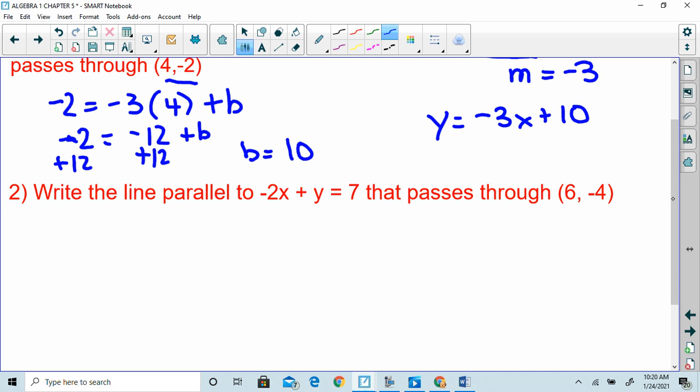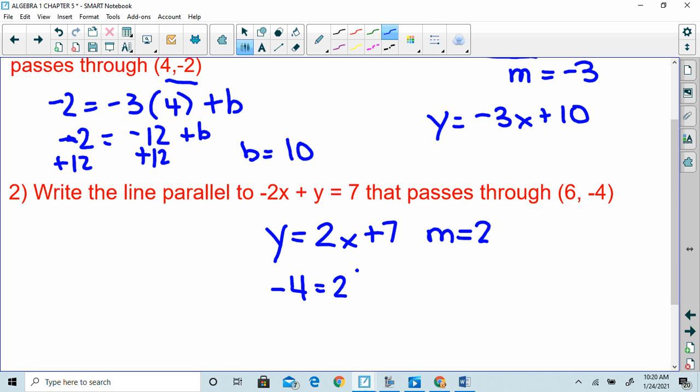Those two lines will run side by side but never intersect. Let's try one more. I have a line here, but it's not in slope-intercept form. So the first thing I need to do is rewrite this, and it becomes very important that you identify your slope, and if it's not in the correct form, you need to rewrite it. So we know that our slope is equal to 2. Now we can find our y-intercept.